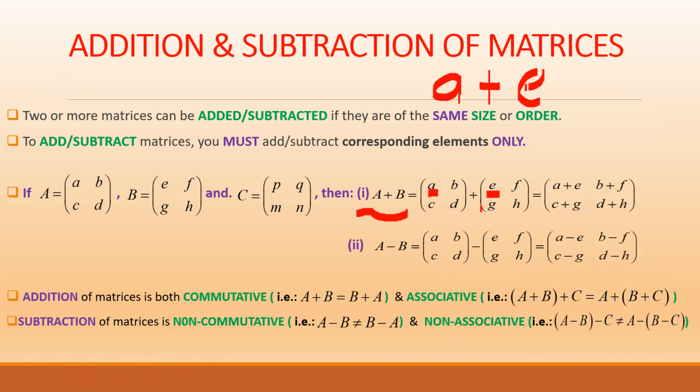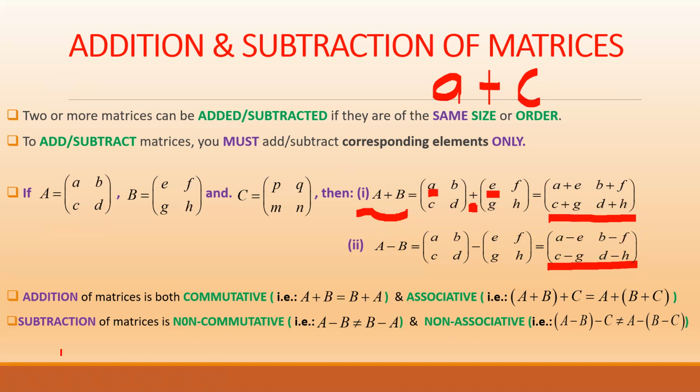The plus or the minus sign that is between the matrices, whenever you're adding or subtracting the elements, you're always putting back that sign between the two corresponding elements that you're adding or subtracting. And that is what is shown exactly over here. When we go to an example where we have numbers, I will demonstrate that to you even clearer.